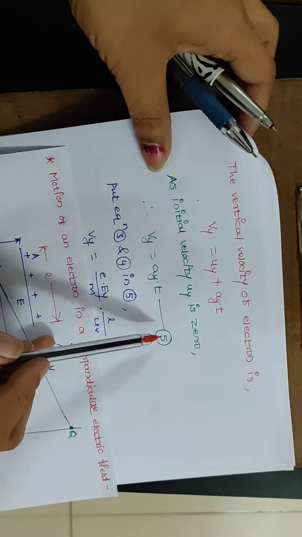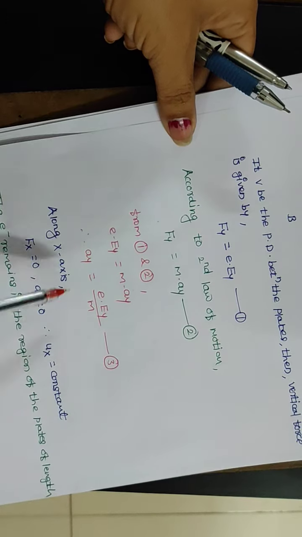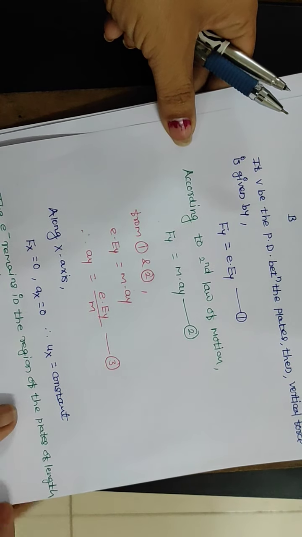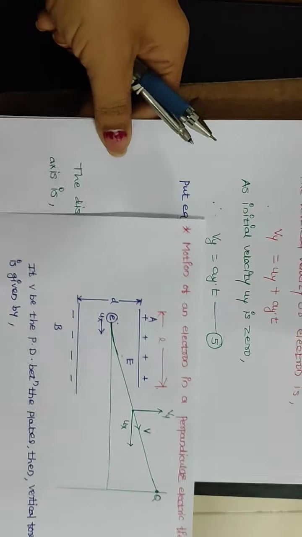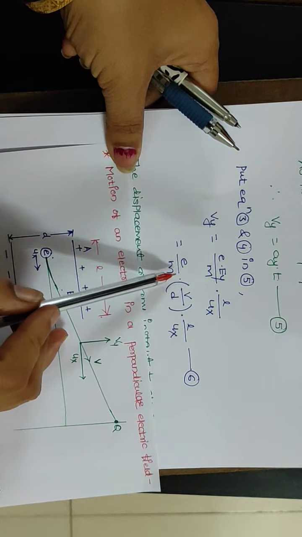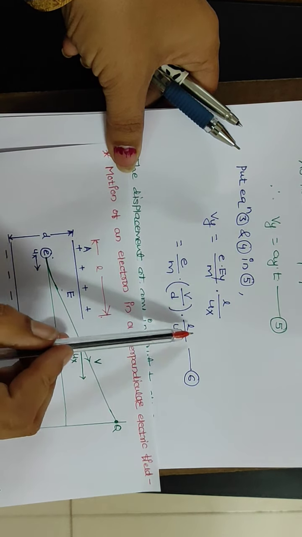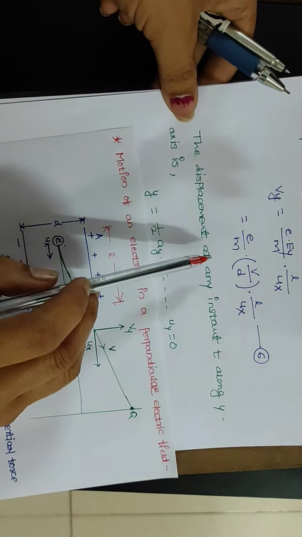Give the next equation, that is equation number 5. Now put equations 3 and 4, that is the values of ay and t, in equation 5. We get Vy is equal to E by m into V by d into L upon ux. Give the next equation, that is equation number 6.